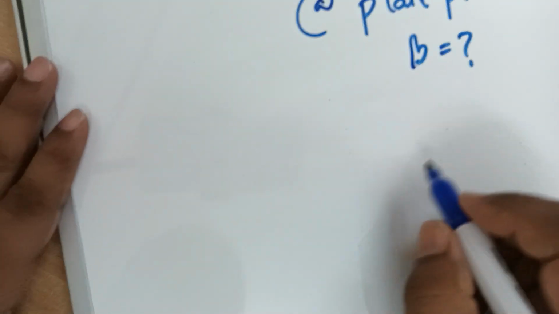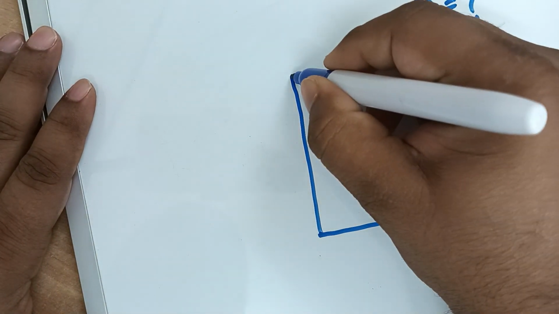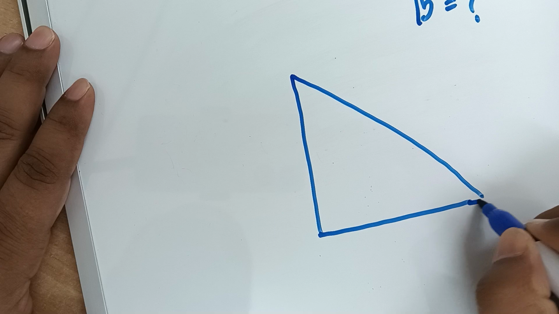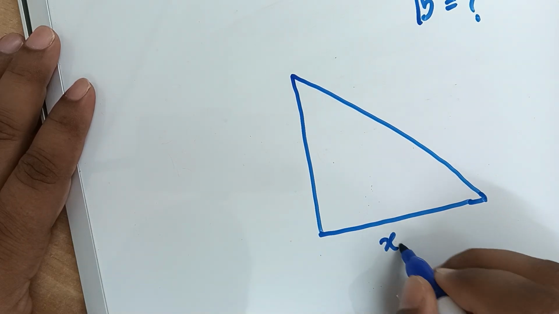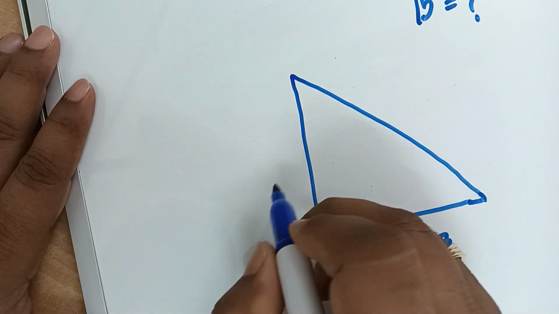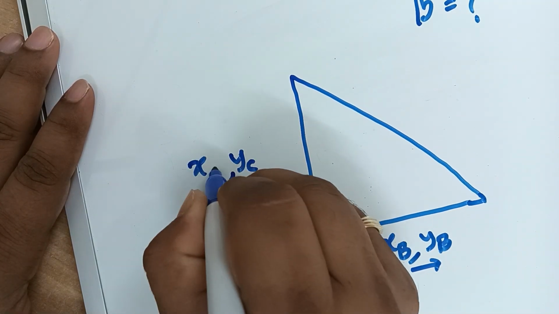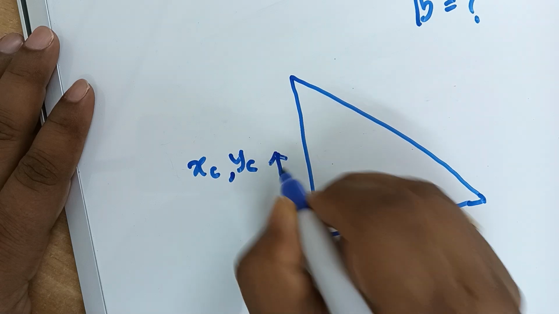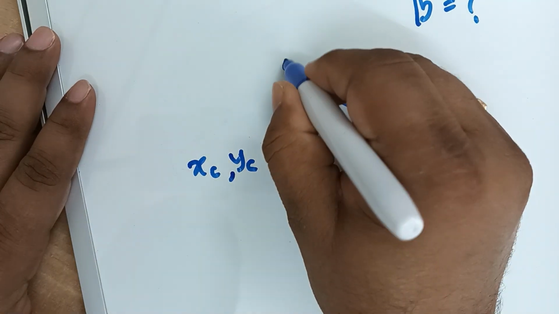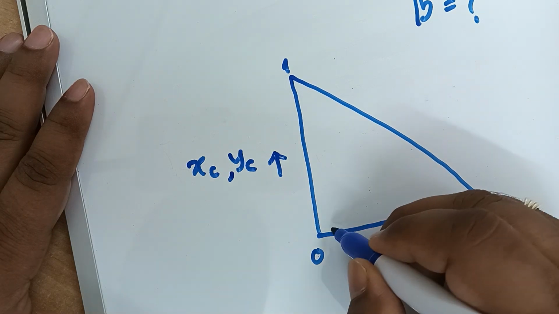To explain that, let me first draw a right angle triangle and represent the LLE data within this. The x-axis is the solvent side, the y-axis is the solute side, and then suppose we have a typical type 1 ternary system.